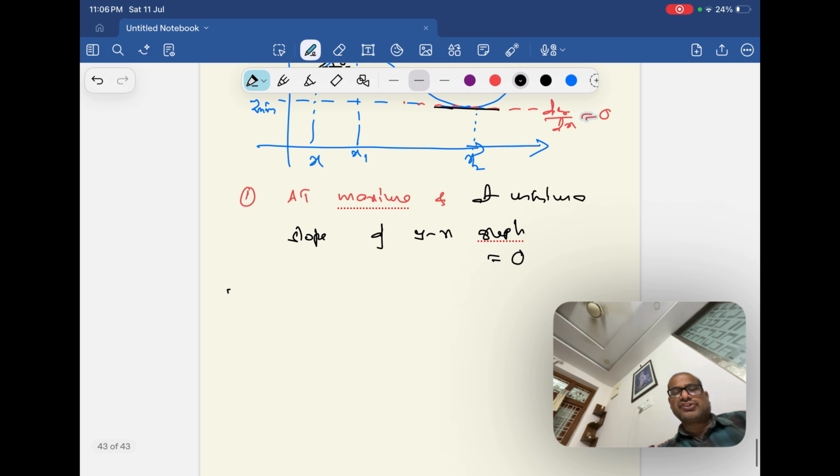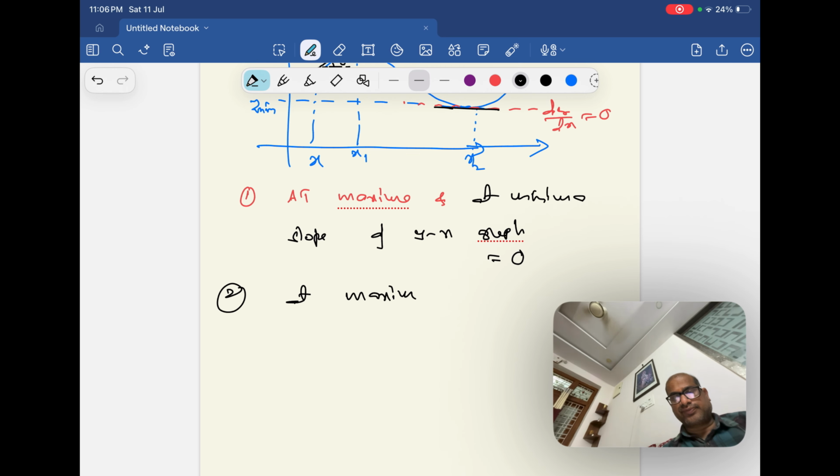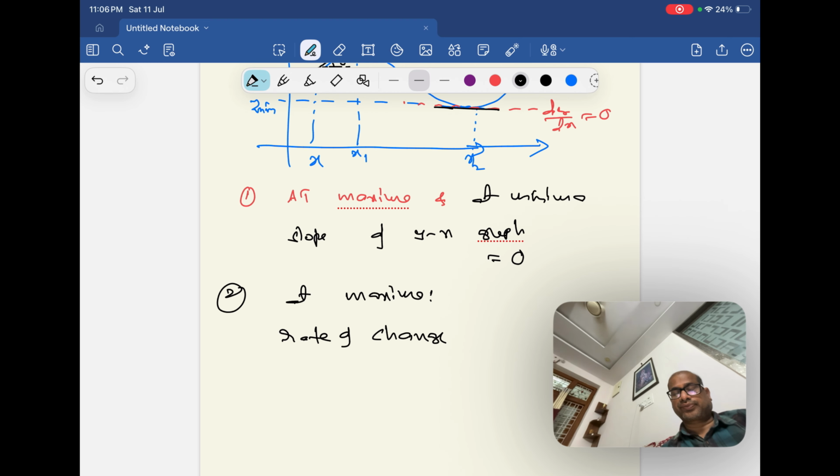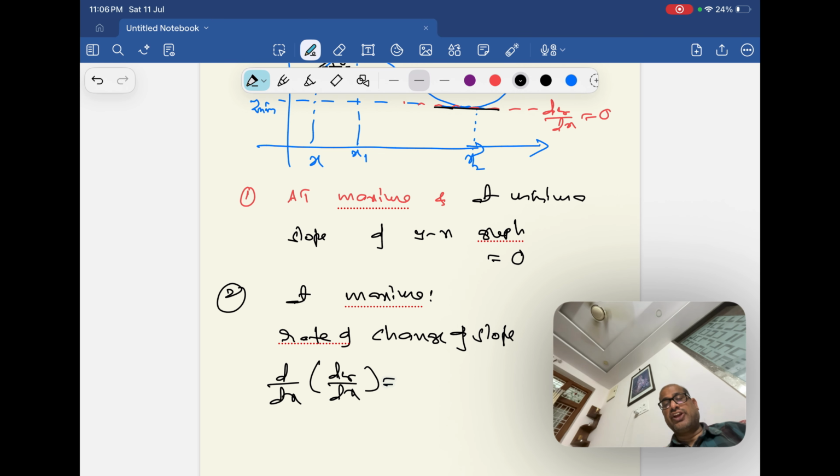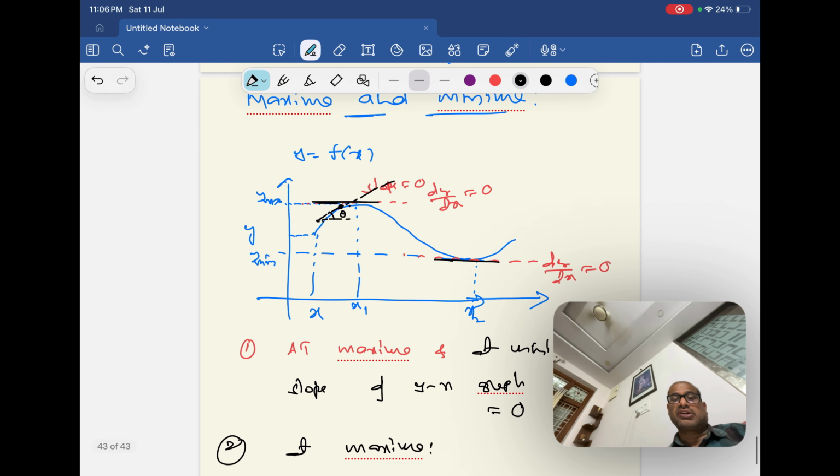Now consider the rate of change of slope at maxima. Rate of change of slope means d by dx of slope, and slope means dy by dx.